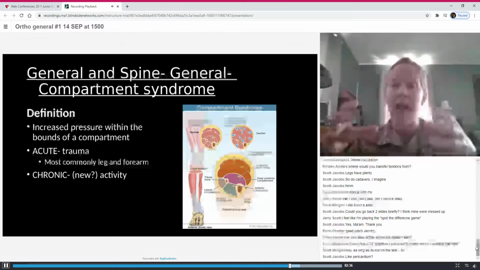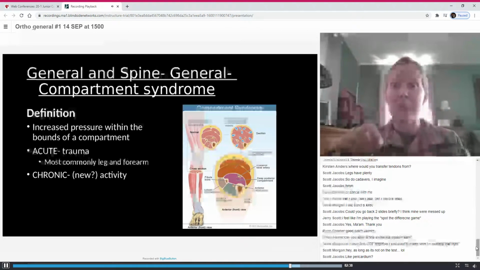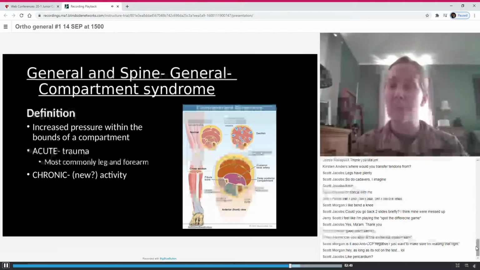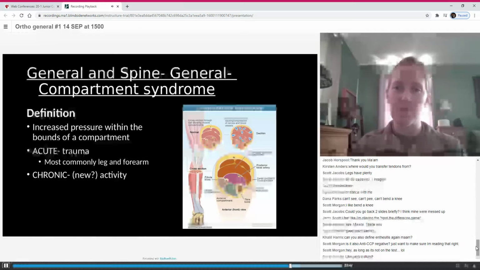And as the pressure increases, structures that are compressible, like your vessels and your nerves, start to be compressed. And as we know, nerves and vessels that are compressed do not appreciate that. They cry out in pain, and then your patient cries out in pain.